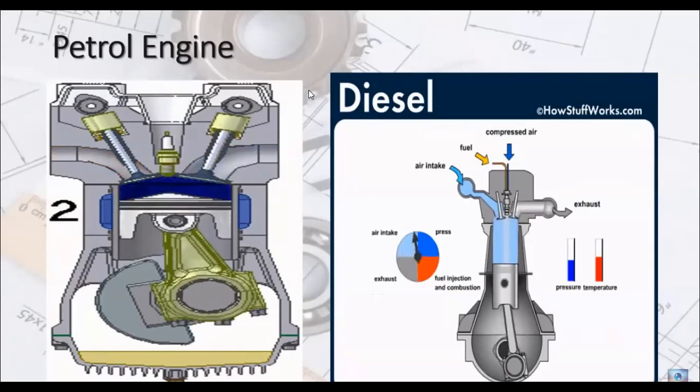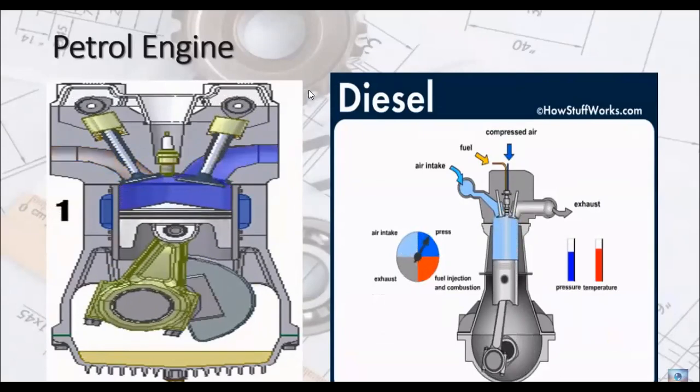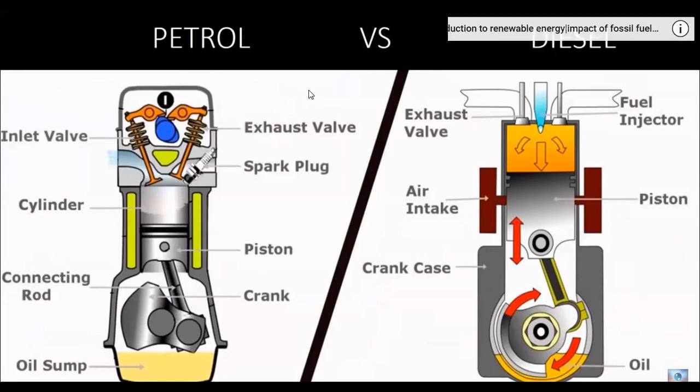In a spark ignition engine, the fuel is mixed with air and then inducted into the cylinder during the intake process. After the piston compresses the fuel-air mixture, the spark ignites it, causing combustion. The expansion of the combustion gases pushes the piston during the power stroke. In a diesel engine, only air is inducted into the engine and then compressed. Diesel engines then spray the fuel into the hot compressed air at a suitable, measured rate, causing it to ignite.